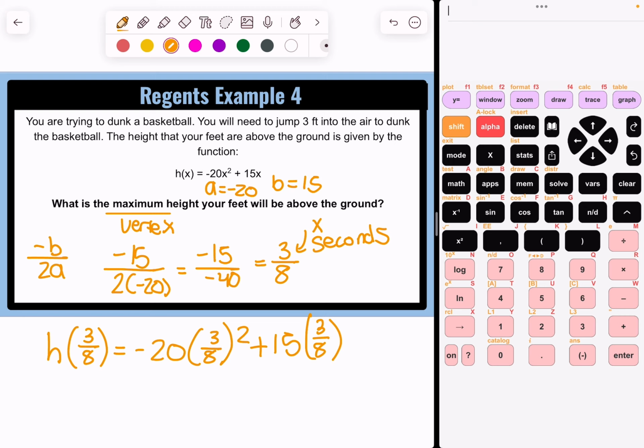Now let's plug this in. Negative 20. Replace your x with 3 over 8, squared, plus 15 times 3 over 8. And we get 45 over 16.